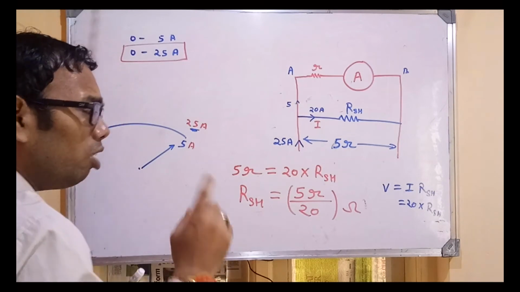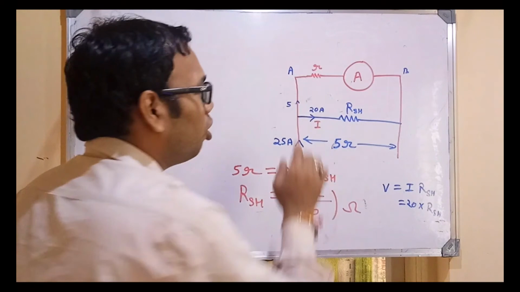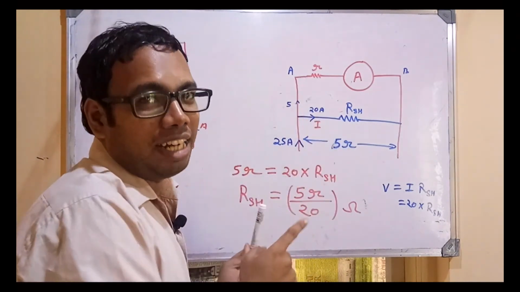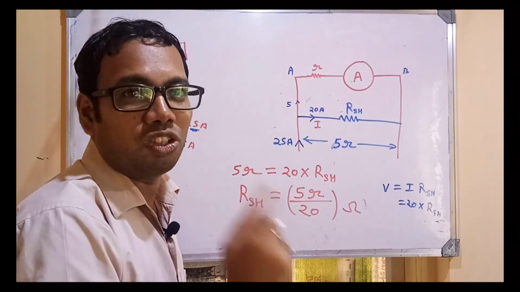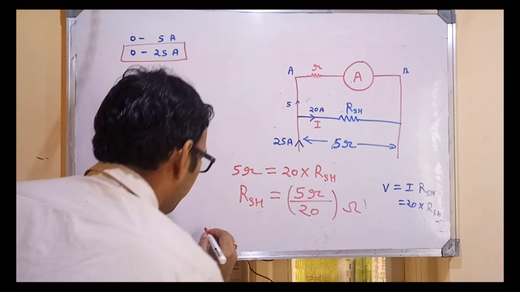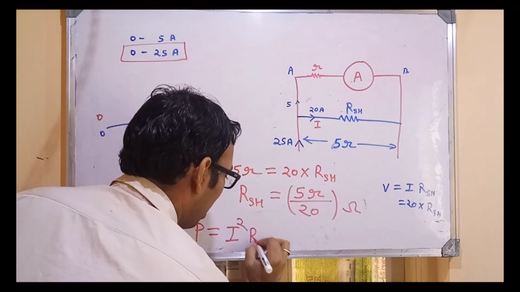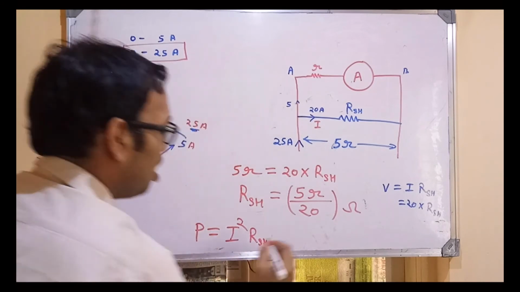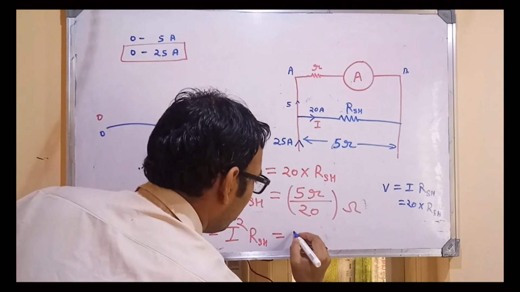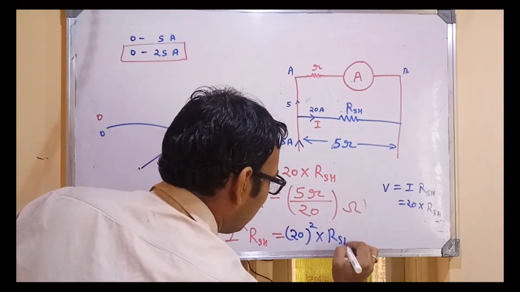One more thing: simply putting this resistance, it will not hold the 20 amperes. So we have to calculate the power rating of the shunt resistance also, so that it can withstand the 20 ampere. So what is the power? P is equal to I squared RSH. I we know, 20 ampere. So this is 20 squared into RSH.